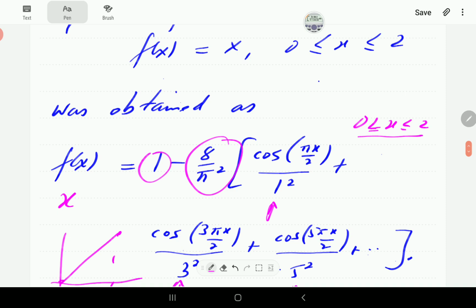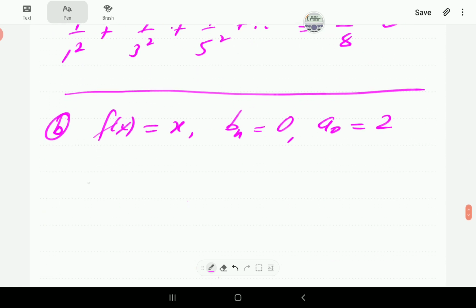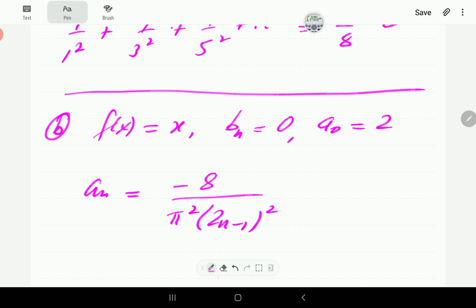It's 2 over 2. Then an is negative 8 over n squared pi squared, but this is for odd values of n. An is negative 8 over pi squared times 2n minus 1 squared. So we're simply going to slot this into the statement of Parseval's identity.